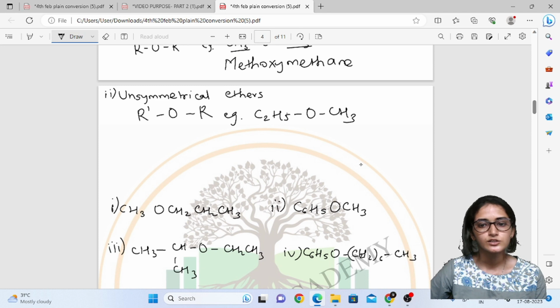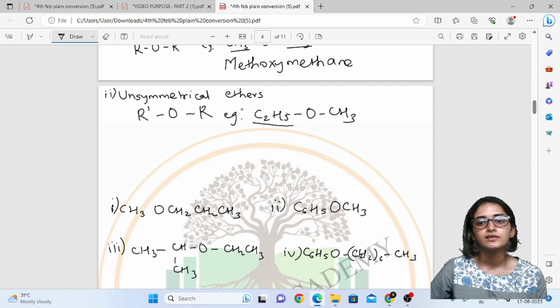The next one, here there are different groups, right? Since there are different groups, you will have one question: which group to write in this form and which group to write in that form. According to IUPAC, the last name we write, the suffix, should be the longest alkyl chain, with the more number of carbons.